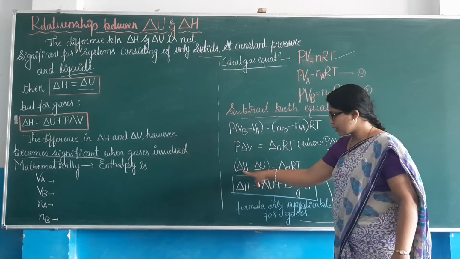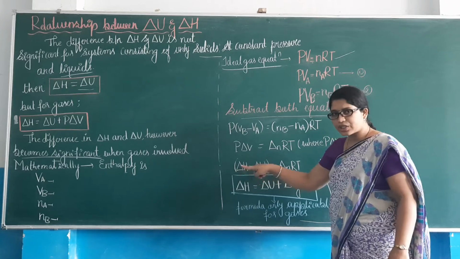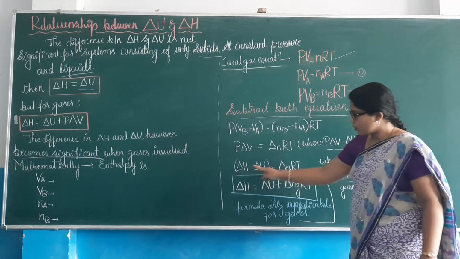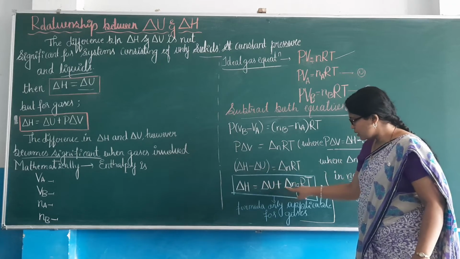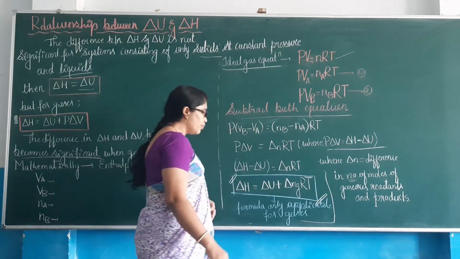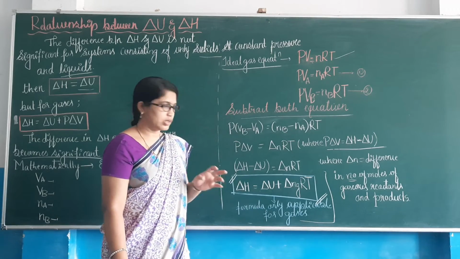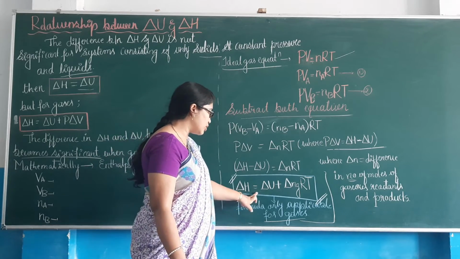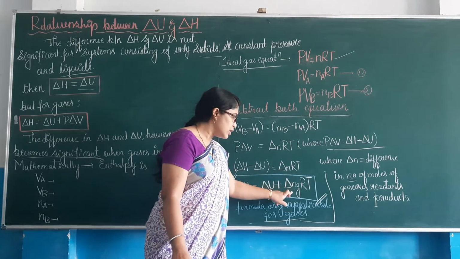So with delta H minus delta U, this is the main relationship of delta H, change in enthalpy, with that of change in internal energy. So delta H is equal to delta U plus delta nGRT. This is the final expression I got here, and it is considered as an expression only for gaseous molecules. The expression is only applicable for gaseous molecules. So delta H is equal to delta U plus delta Ng RT. G represents gaseous particles.